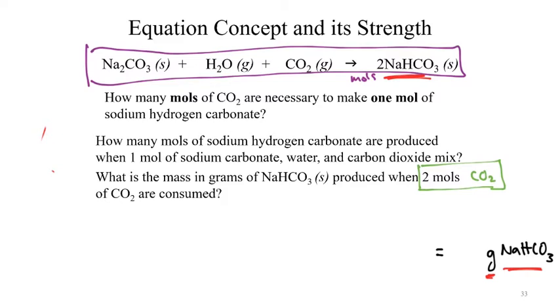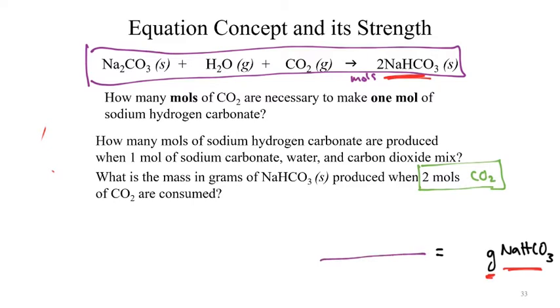Well, the easiest answer is to start with the only place that you know. 2 moles of CO2 is using both a measurement and a substance that you don't want in your answer, so that's probably not a good place to start. The chemical equation does give you your substance.